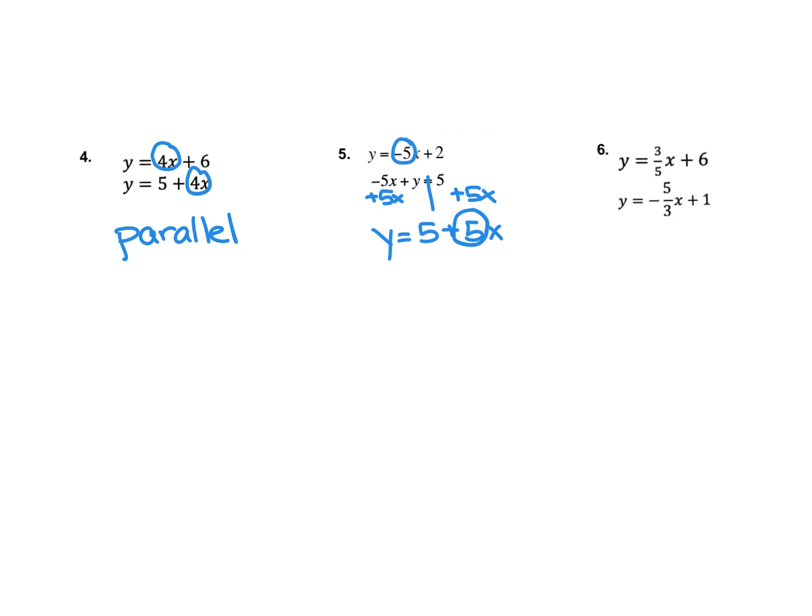However, notice we have not done the flip. So the perpendicular slope of -5 would be positive, but then we'd have to take the flip and make that 1 all over 5. And because this one is not the opposite reciprocal and it's not the same slope, this is going to be neither.